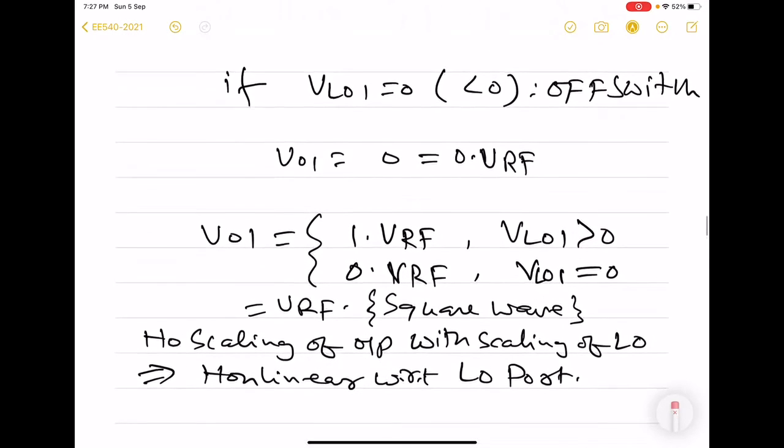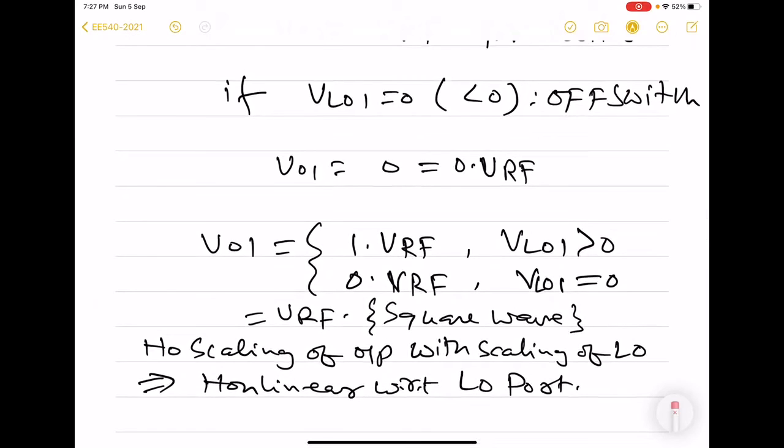Now regarding the third property, we can see that there also scaling up is involved. So when the two inputs are scaled, output should also get scaled up. Since scaling is not valid with respect to the LO port, even the third property will not get satisfied. However, the sum part of the third property, that means the sum of two inputs leading to sum of two outputs, will be valid, because this multiplication is linear.